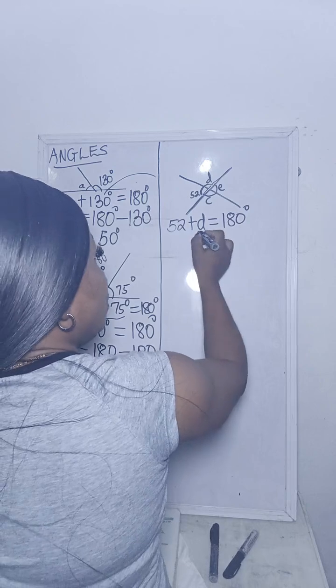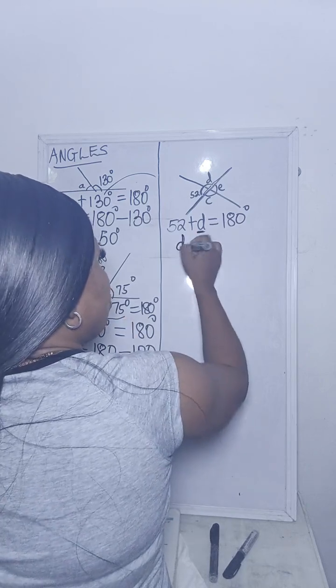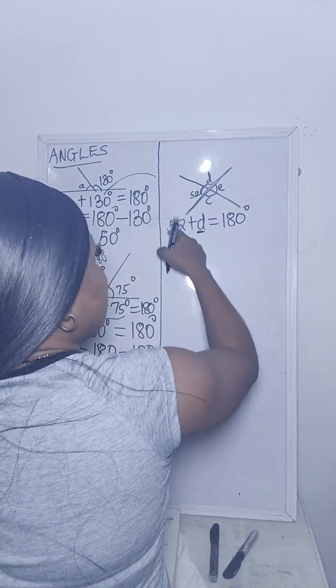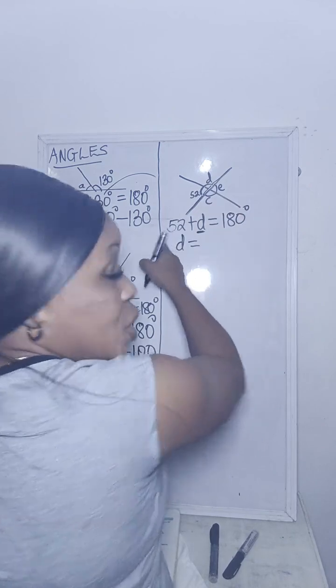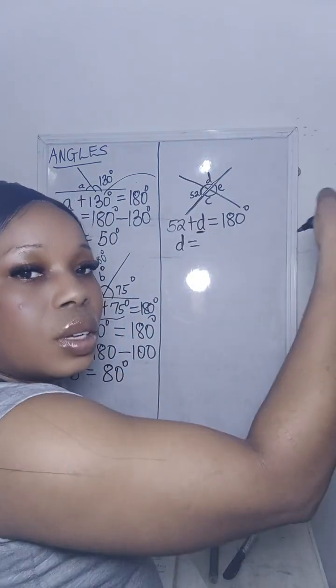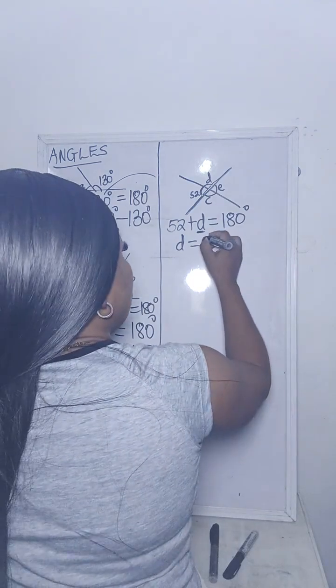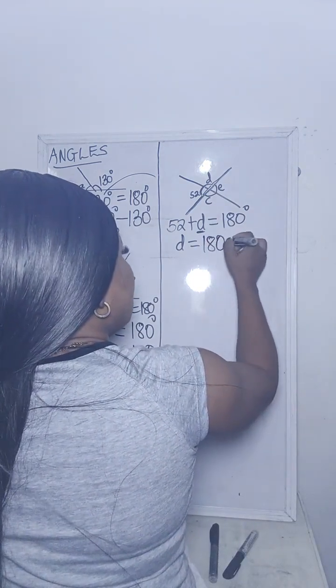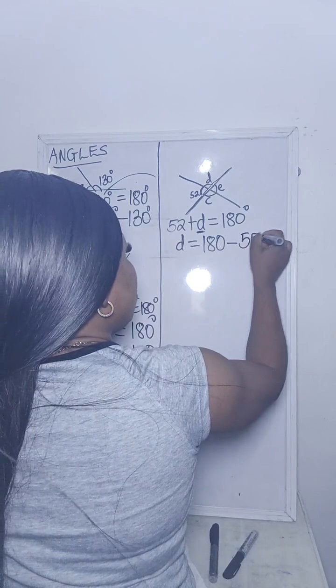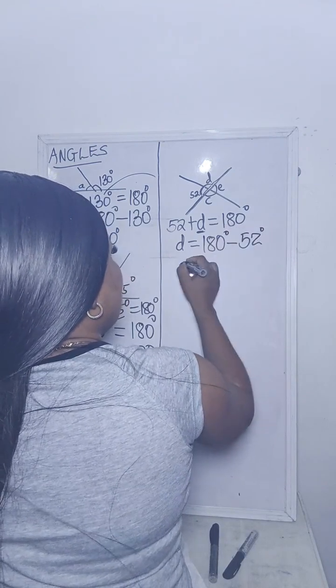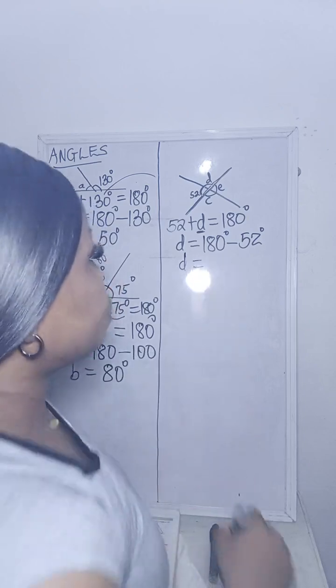So we need to get our D. So D equals, we'll take 52 over to this side. 52 is positive, so when it goes over to the other side, it becomes negative. So this will be 180 minus 52 degrees. Our angles are in degrees.